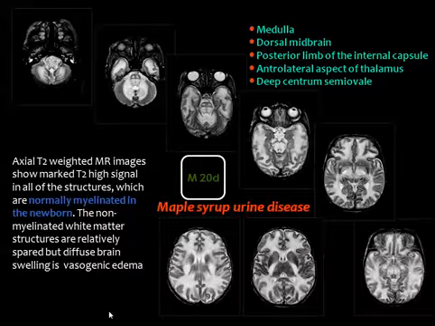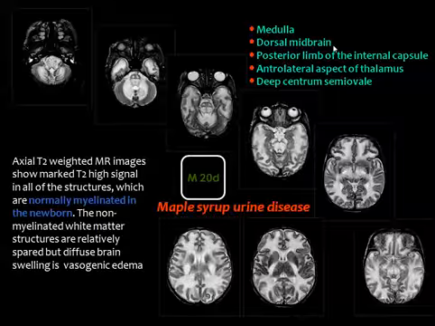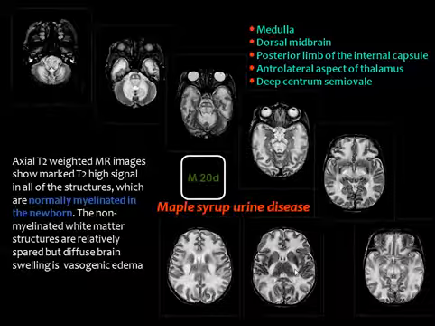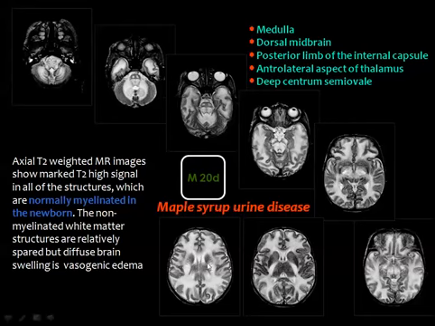And to remind you, these structures include the medulla, the dorsal aspect of the midbrain, the posterior limb of the internal capsule, and the anterolateral aspect of the thalamus, as well as the deep centrum semiovale.